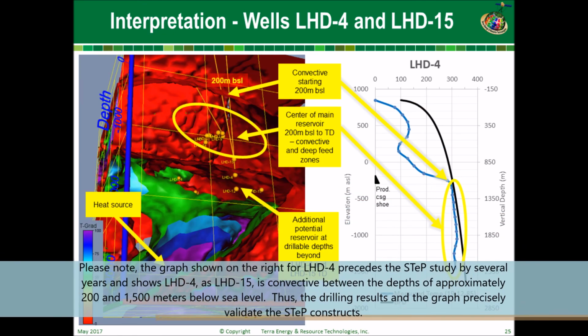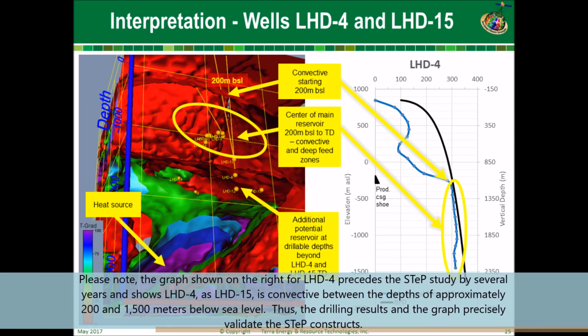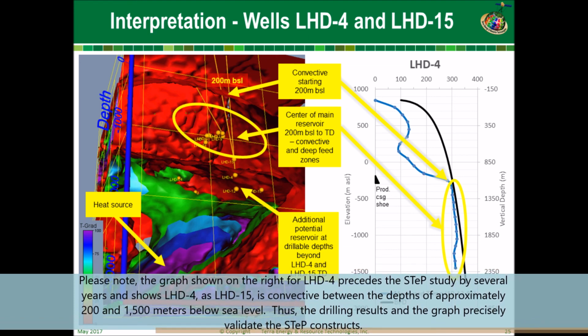Please note that the graph shown on the right for LHD4 precedes the STEP study by several years and shows that LHD4, just like LHD15, is convective between the depths of approximately 200 and 1,500 meters below sea level. Thus, the drilling results and the graph precisely validate the STEP construct.